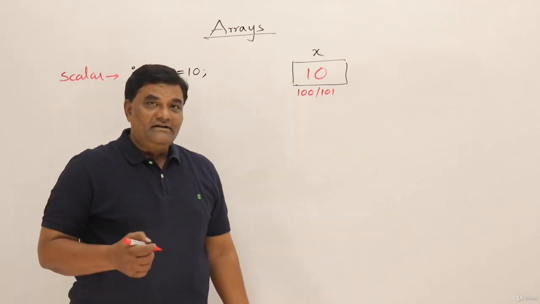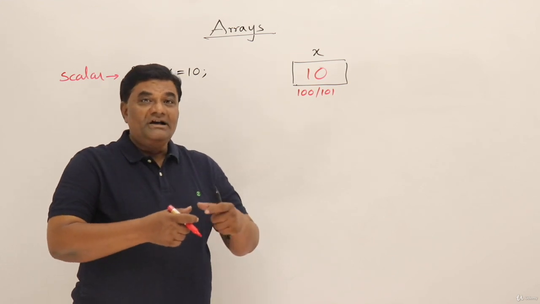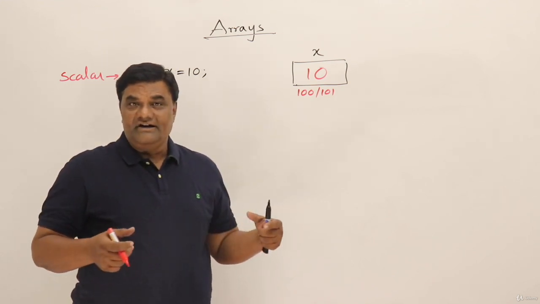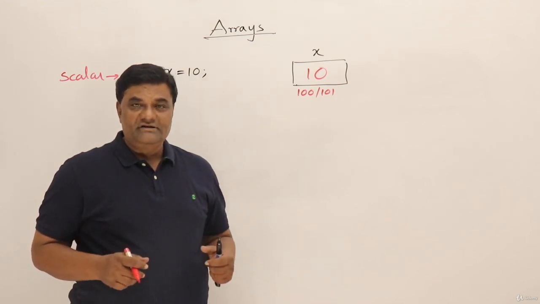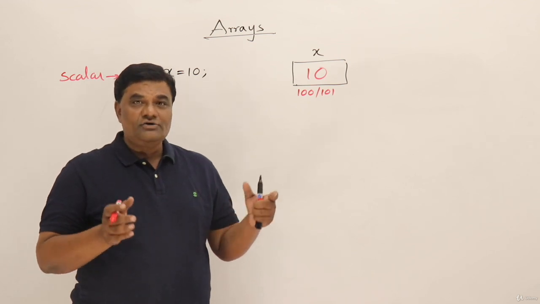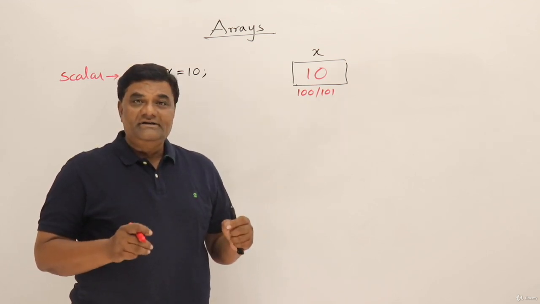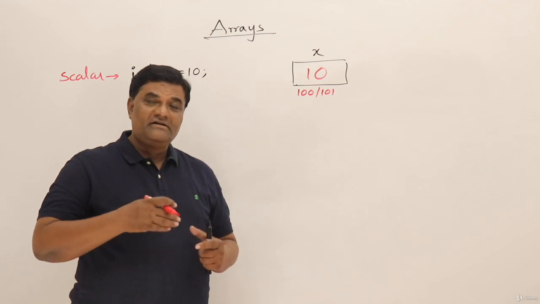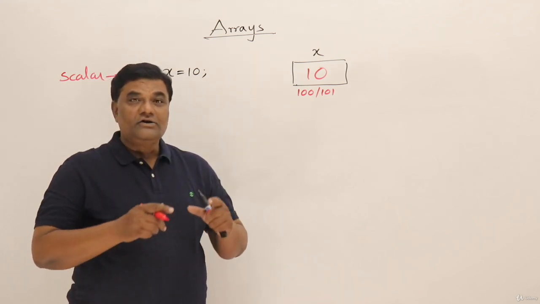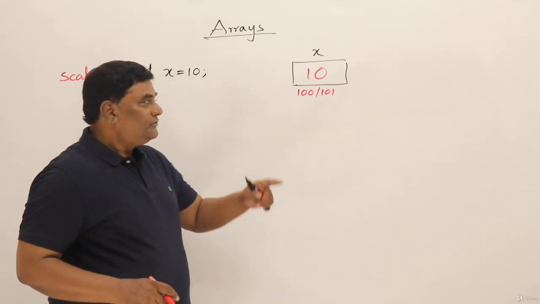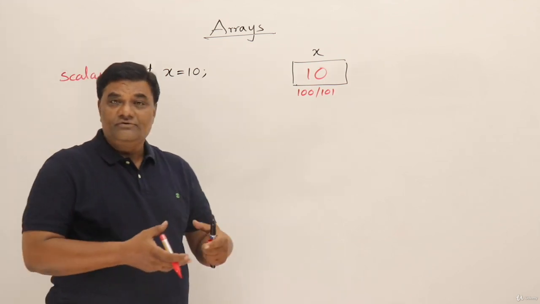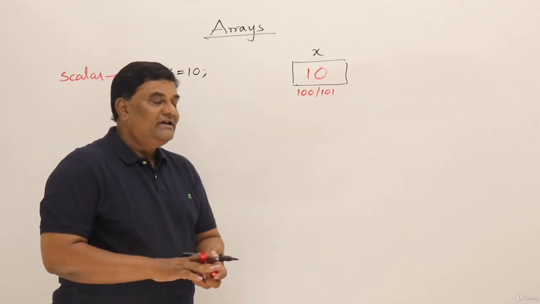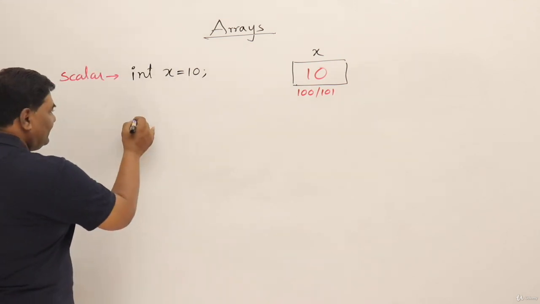Then what is an array? We can store multiple values, that is a list of values or set of values. So array is a collection of elements and all the elements are of same type. So array is a collection of similar data elements grouped under one name. Suppose instead of just one value, if I have to store a list of values, then I can declare an array.